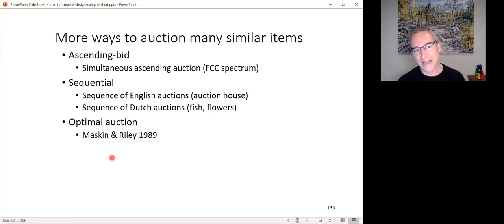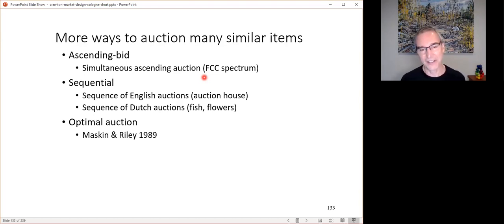There are lots of other ways we could do it. There's the simultaneous ascending auction that the FCC does. Initially they did it as the simultaneous multiple round auction, but now they use a simultaneous clock auction, as I described. We also could auction things in sequence, as is done for fish and flowers.